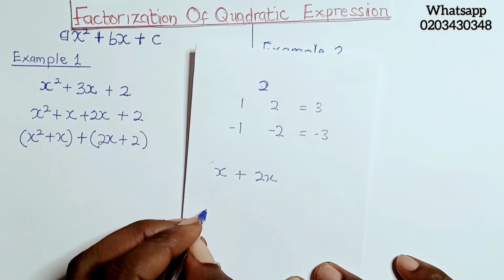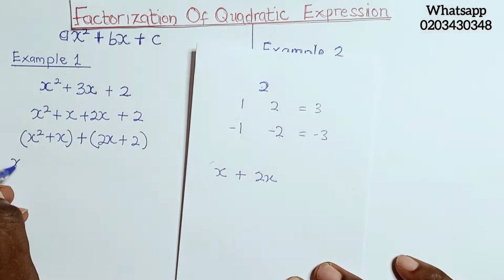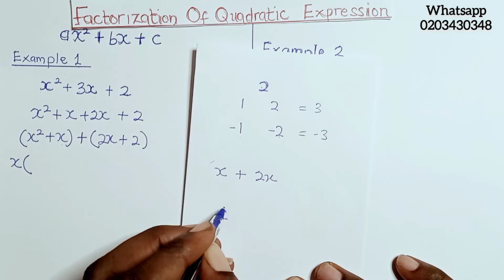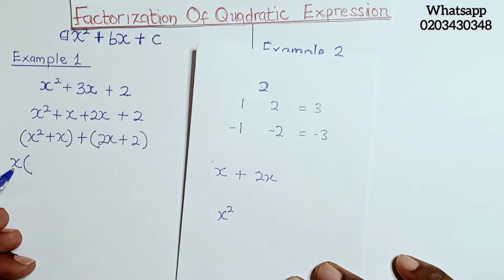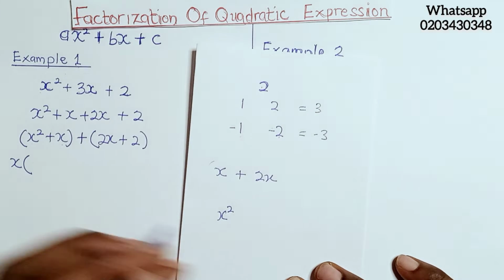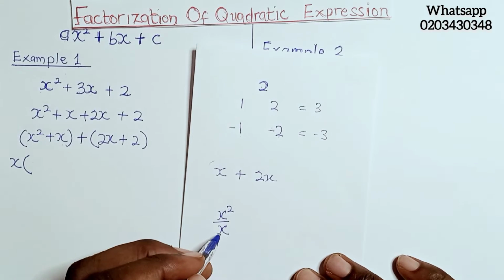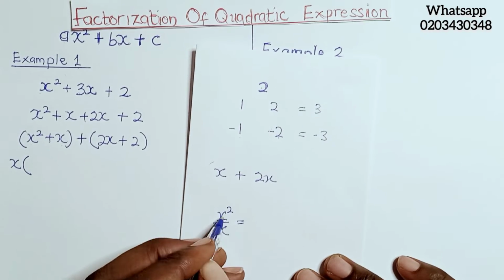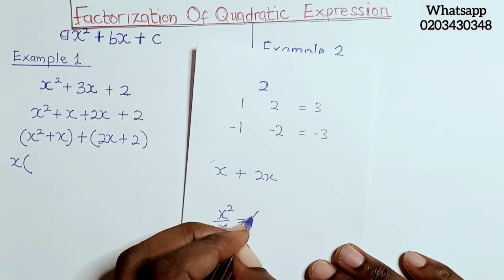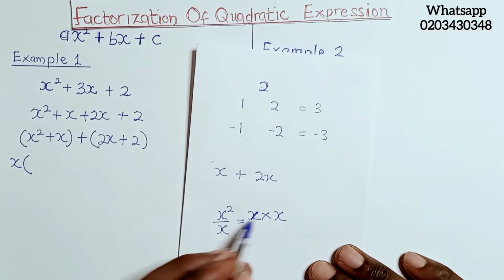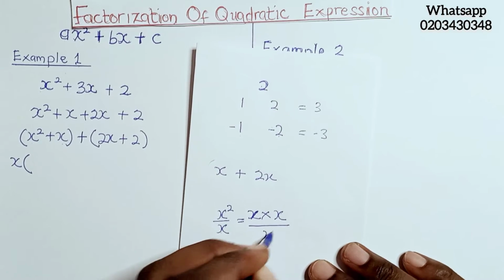When we factor x outside, what's supposed to be inside? Let me explain. What you are factoring, the common term, you use it to divide each term. So we are having x squared divided by x. We can expand this x squared as x times x, all divided by x.